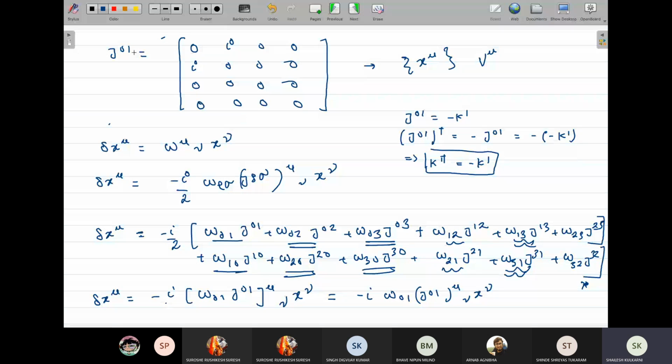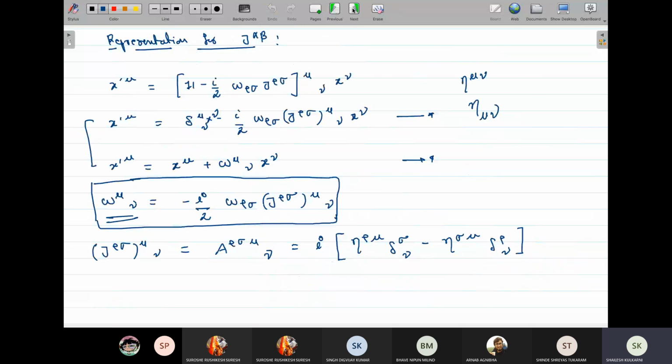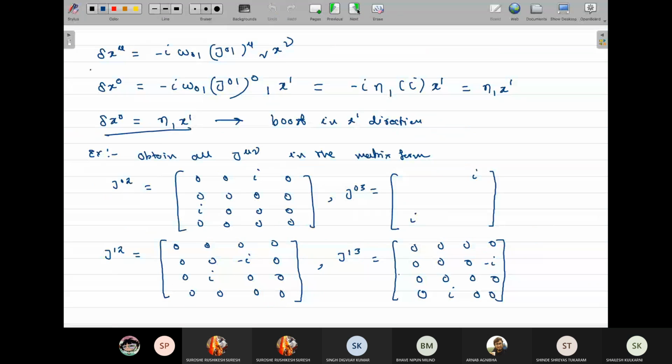You can find other matrices J_02, J_03, and just explicitly take the dagger, so you'll get the minus sign. So K_1 dagger is minus K_1, K_2 dagger is minus K_2, K_3 dagger is minus K_3. However, for the rotation generators, because of this structure, you see here 0, minus i, 0, you concentrate on this part, you will get no sign change.